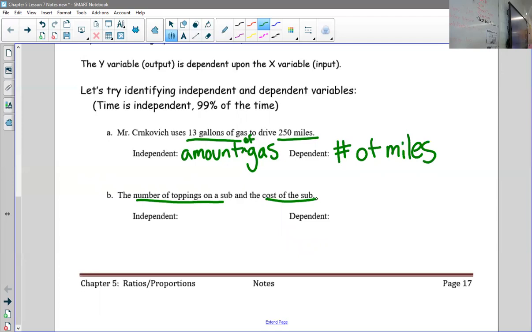But the cost of the sub depends on the number of toppings I choose. If I choose 5 toppings, that's going to be more money than if I only choose 2 toppings. So the independent variable is the number of toppings, and the dependent variable is the cost of the sub.